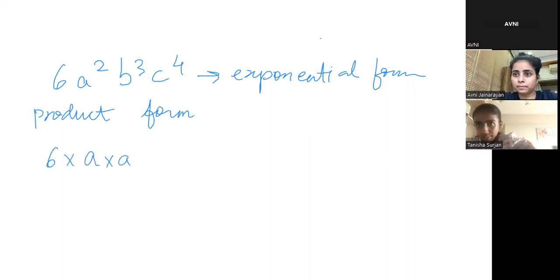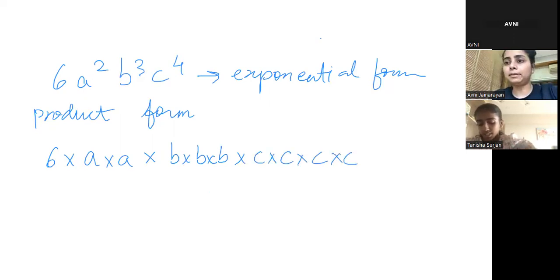Very good. B into b into b. Okay, multiplied by c into c into c into c. 2 times a, 3 times b, 4 times c. Very good. Okay, so now you can do any homework if I give you on this topic. ठीक है. So you know this is product form, this is exponential form.